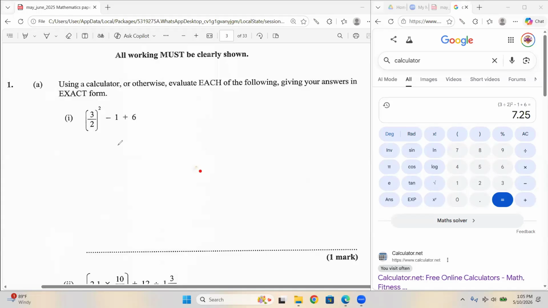So if it's 7.25, 0.25 is like a quarter, so 7 1/4, or if we write it as an improper fraction, that would be 7 times 4 is 28, 29/4.